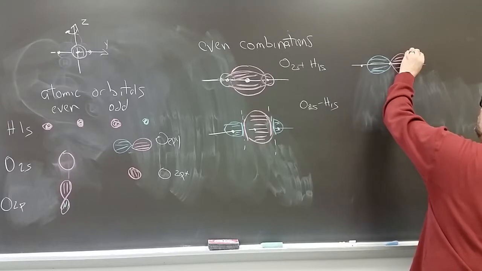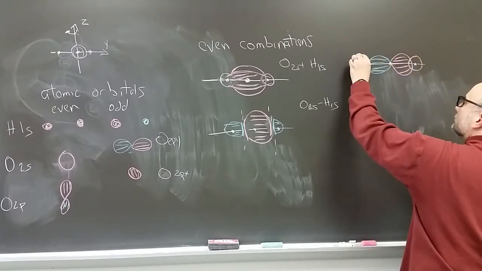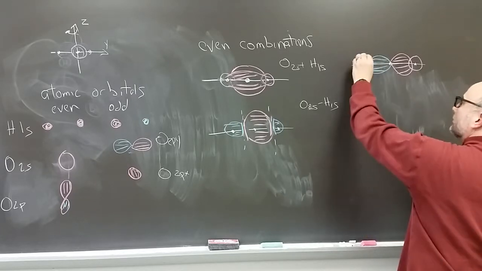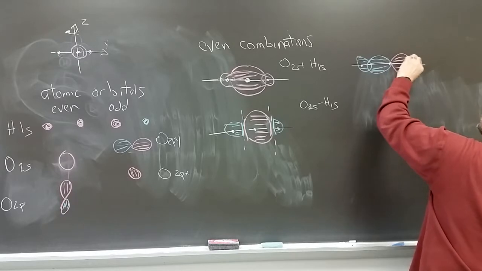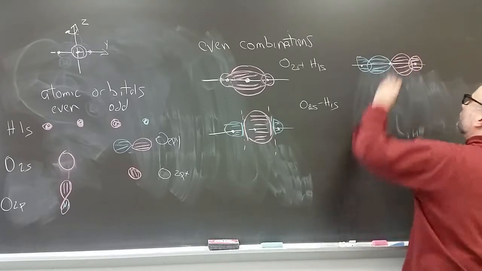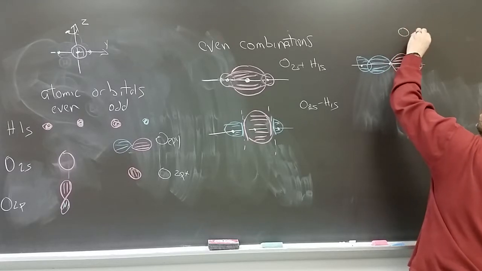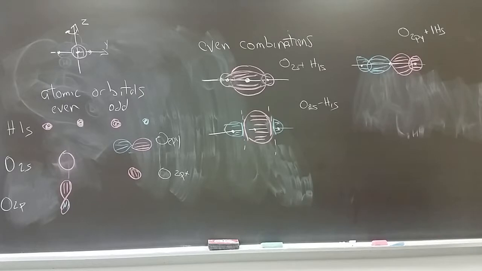You could combine them in one of two ways. This way, where the phases match up. So this would be oxygen 2py with the hydrogen 1s combination. This would be a bonding combination.